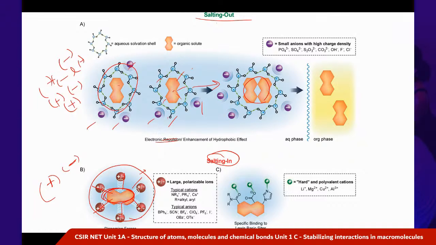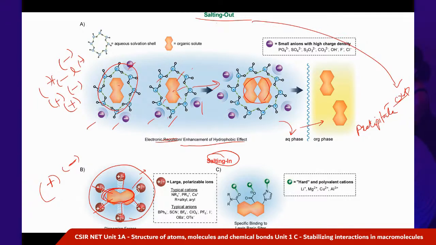Their nonpolar groups will stick even further. So there will be an enhancement of the hydrophobic effect. Because of that, the proteins which were initially present in the aqueous phase, that is in water, but now that water is saturated with salt, will precipitate out. That's why it is salting out.